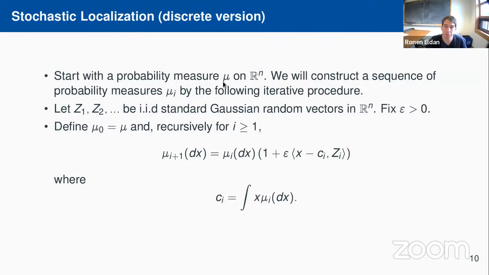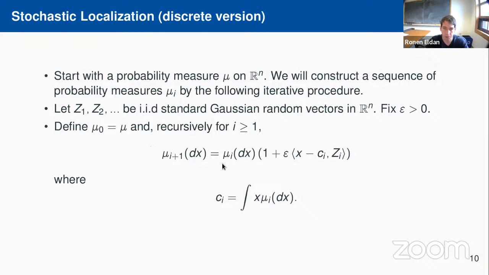Again, we have some prescribed probability measure mu, this time specifically on R^n, and we'll iteratively construct a sequence of measures mu_i by the following procedure. So let's take an infinite sequence of independent standard Gaussian random vectors in R^n and fix some small epsilon. What we'll do is the following.